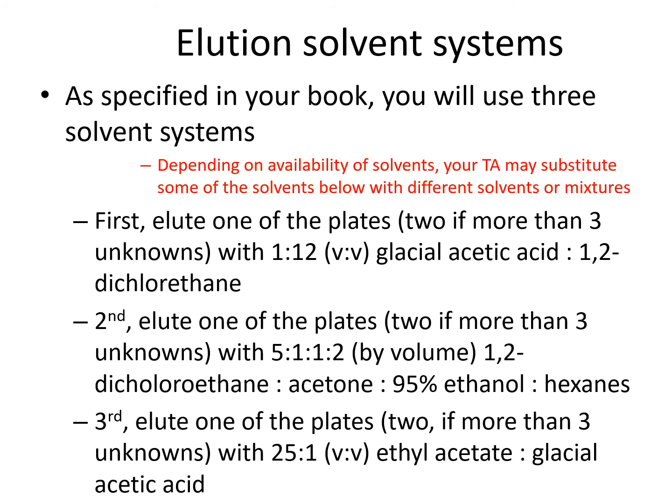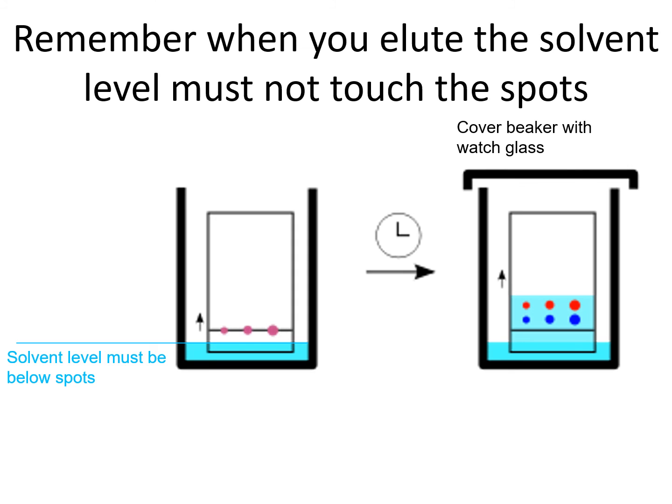For the second unknown, we will be using a mixture of 4 solvents in 5:1:2 ratio, and the solvents will be dichloromethane, acetone, analytical grade ethanol, and hexanes. And for the third unknown, we'll be using ethyl acetate and glacial acetic acid in 25:1.